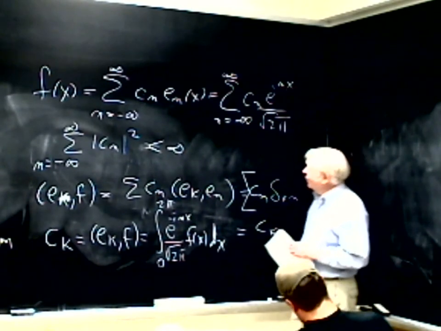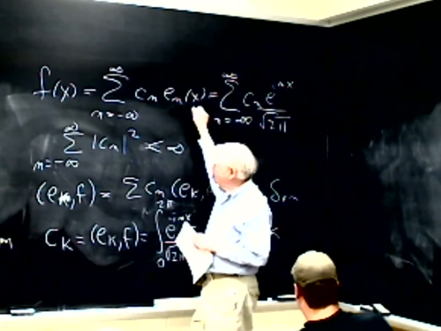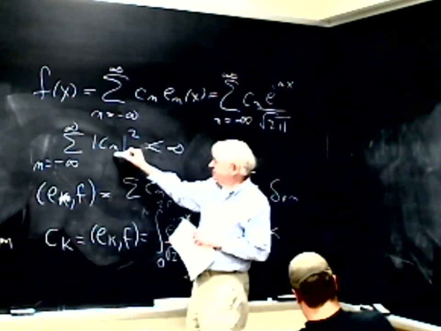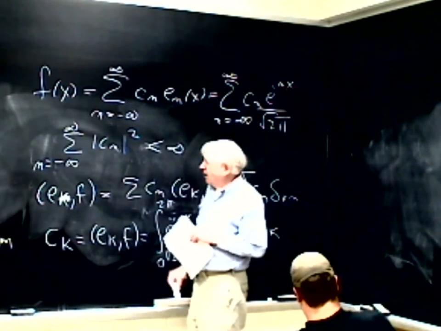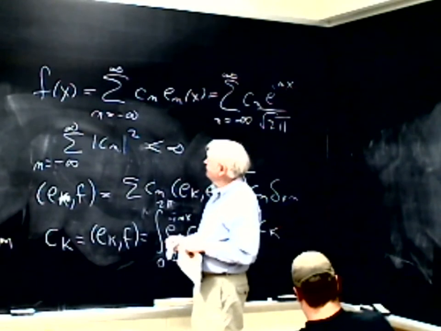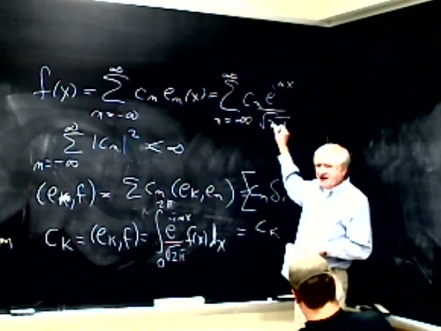Okay, well, what kind of functions can we represent this way? I said, for one thing, you get nice functions if these coefficients aren't too big as n goes to infinity. But there's something else about them that's immediately apparent, namely they're periodic.